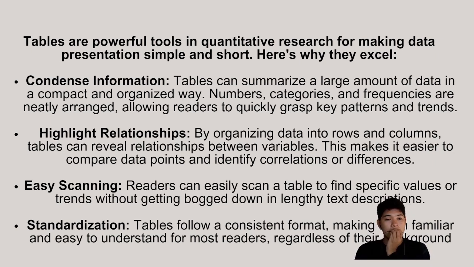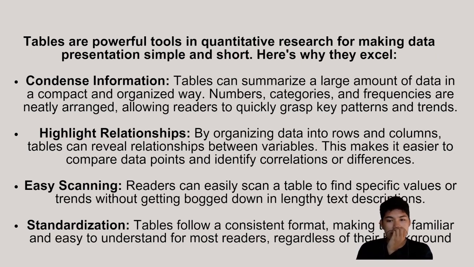The next one is highlight relationships. By organizing data into rows and columns, tables can reveal relationships between variables. This makes it easier to compare data points and identify correlations or differences. Next is easy scanning.